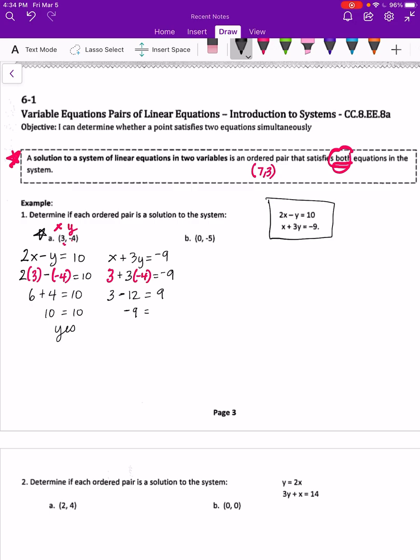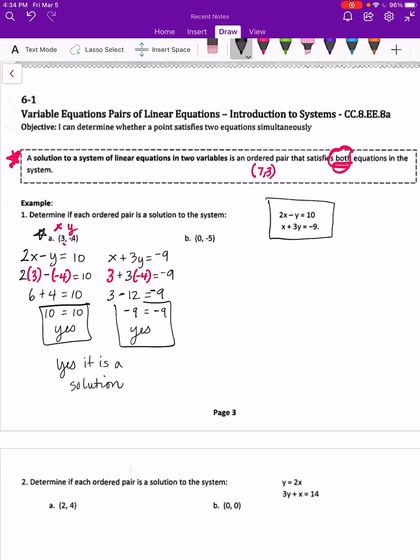Bring down the -9: -9 equals -9, and yes, it works. Because this works in both equations, yes, it is a solution.